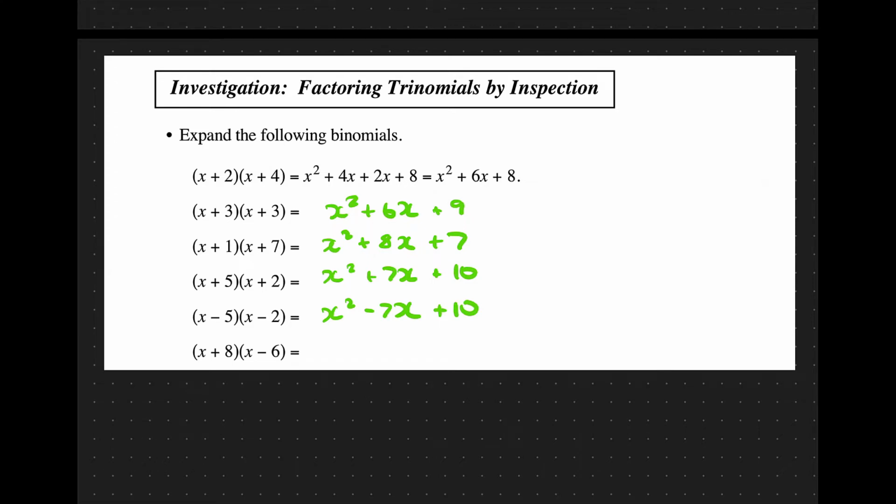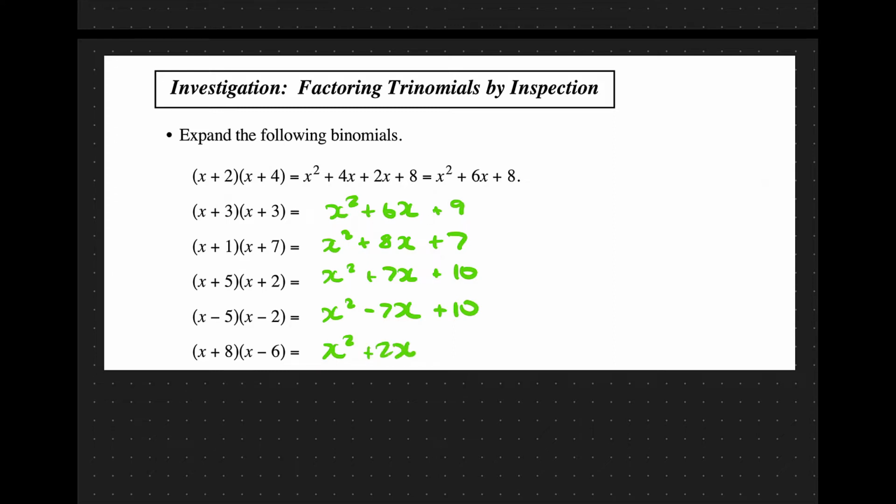Okay, and in the last example, again, we're going to have x squared. This time the signs are different. So if the signs are different, we're going to do it a slightly different way. Notice that in every one of these cases, we went 3 plus 3, 1 plus 7, 2 plus 5, negative 2 plus negative 5, and in this case it's positive 8 plus negative 6, so it's going to be a positive 2x.